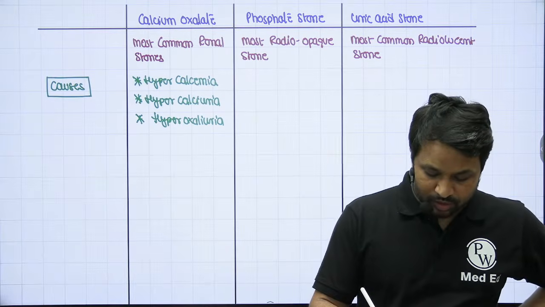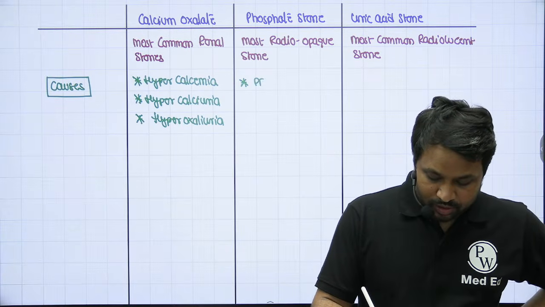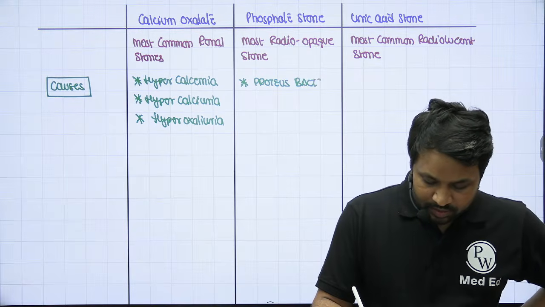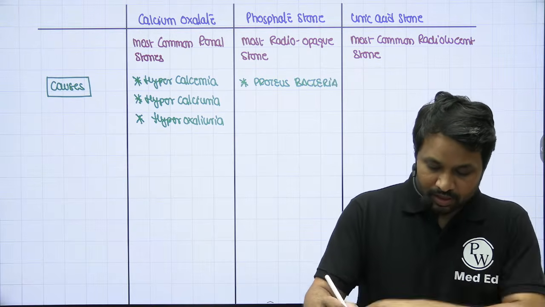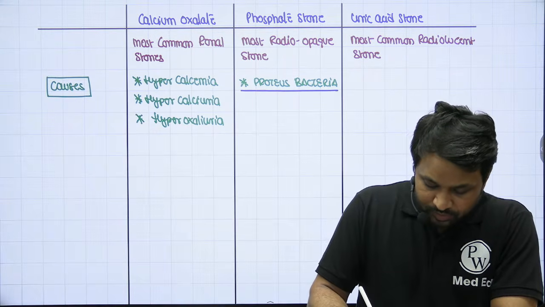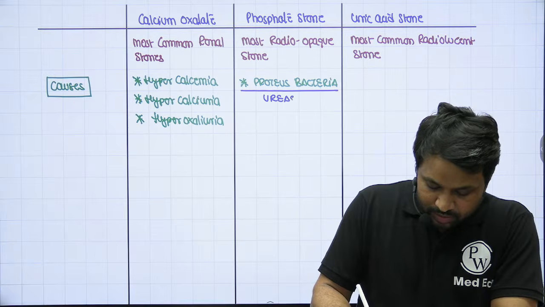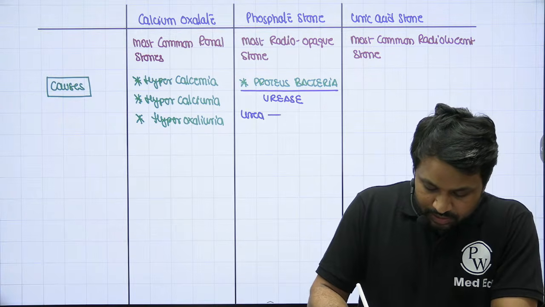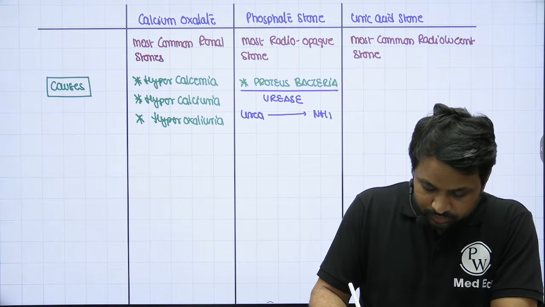Phosphate stones are because of infection, and it is because of Proteus bacteria. We all know Proteus is a urease producing bacteria. What does urease do?